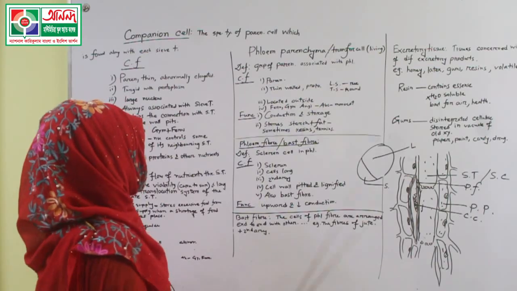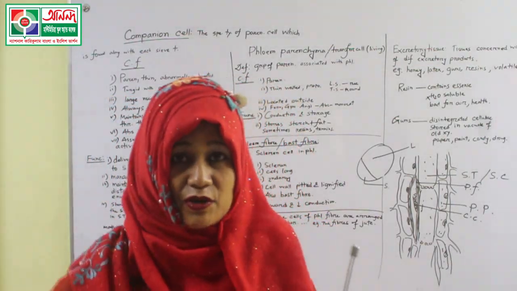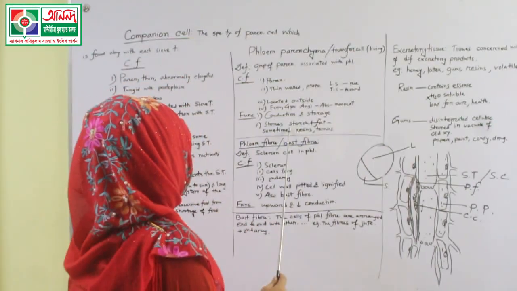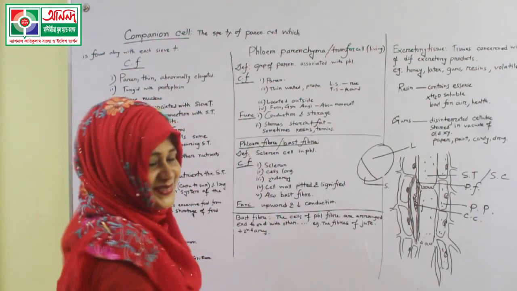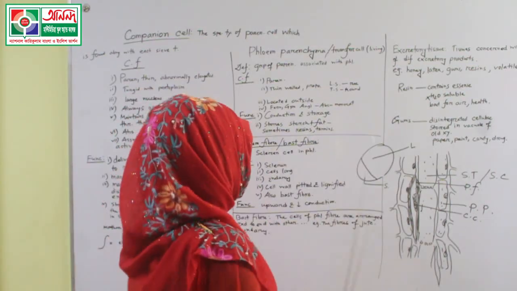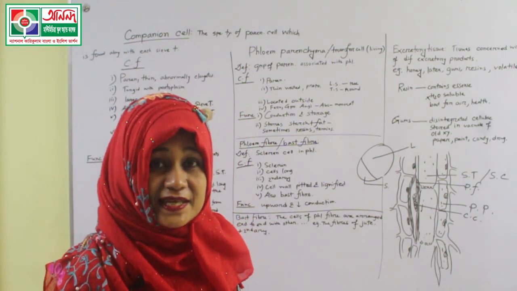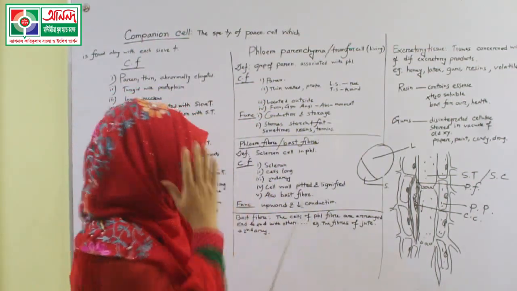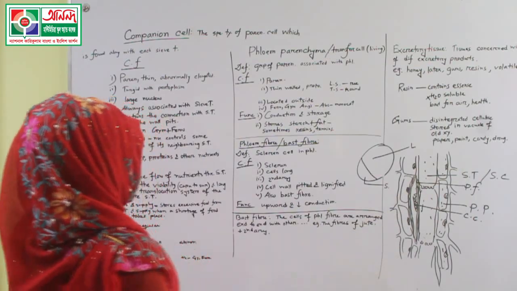And what is the function? Can you see? Conduction and storage. Conduction means translocation, transportation of nutrition, and storage means it stores starch and fat. Sometimes it stores starch, fats, and sometimes resins and tannins also. Okay, these are the functions of phloem parenchyma.